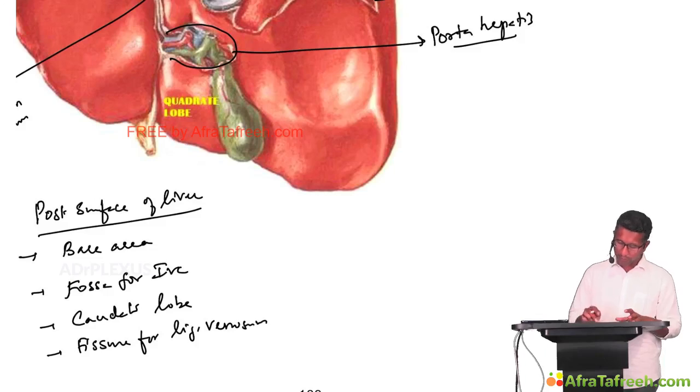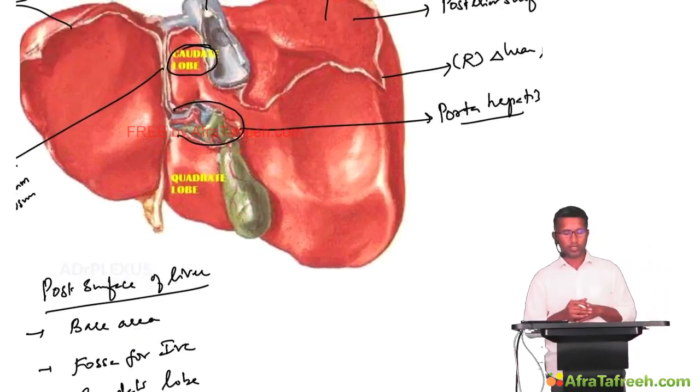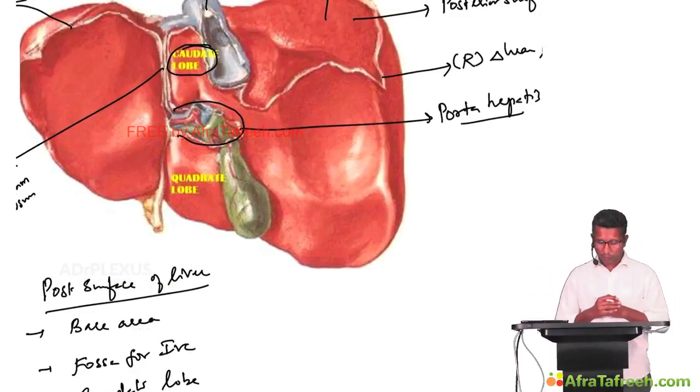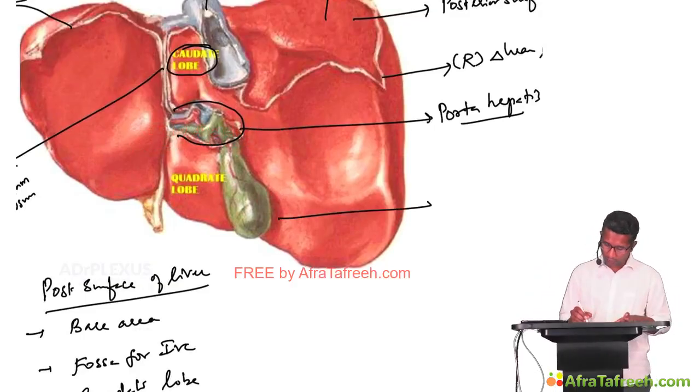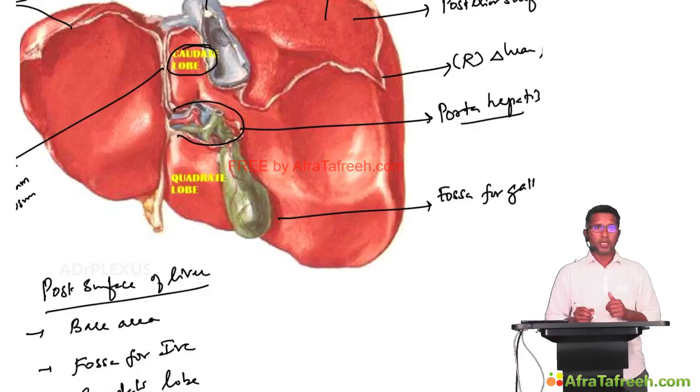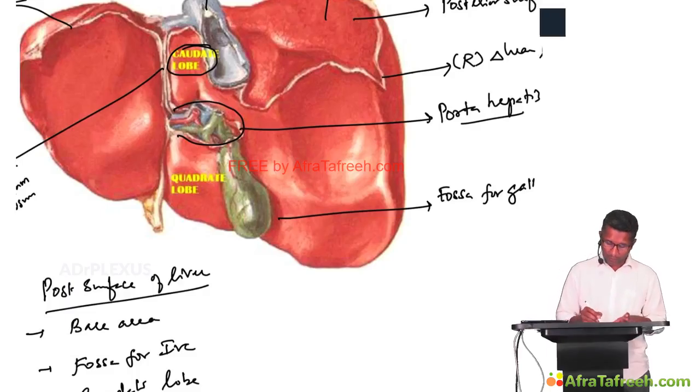Now coming to the inferior surface. This inferior surface again has a fossa like the posterior surface, and this fossa is called the fossa for gallbladder, which lodges the gallbladder in it. Just medial to the fossa for gallbladder, you get a lobe.